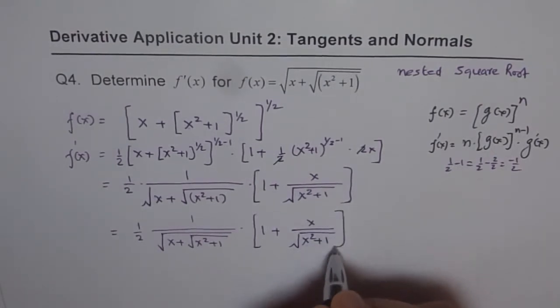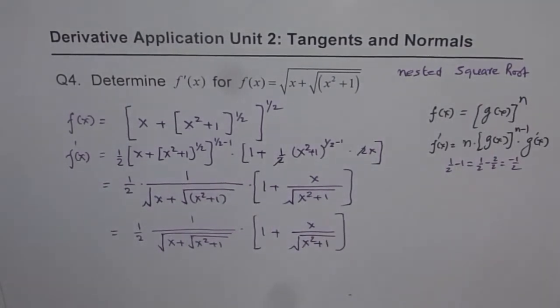That is our answer, and we're not going to simplify it further. It is not really required unless they mention simplify it. So normally, we just leave it at this stage. So that is how you do it, right?